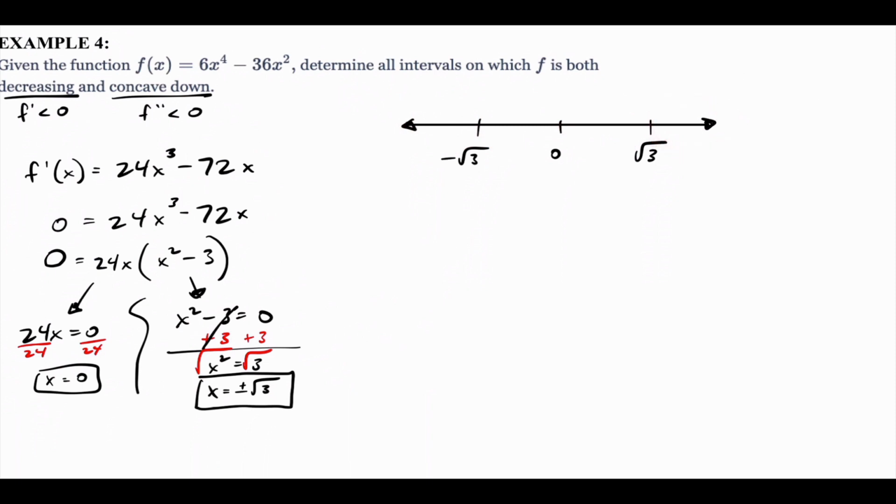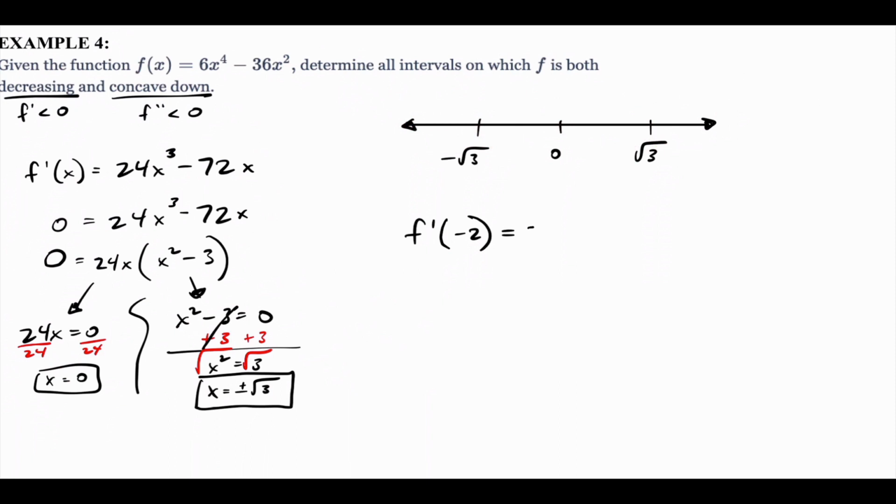Okay? So first thing I'm going to do is check out negative 2 in the first derivative. We want to plug it into the first derivative. I don't care what number, I just want to know the sign, positive or negative.